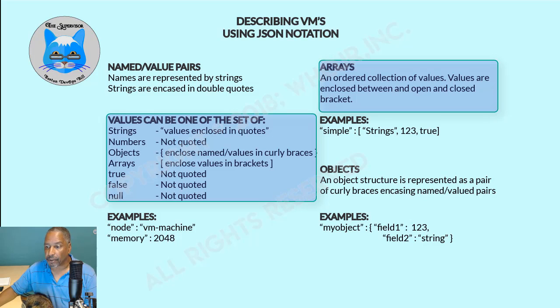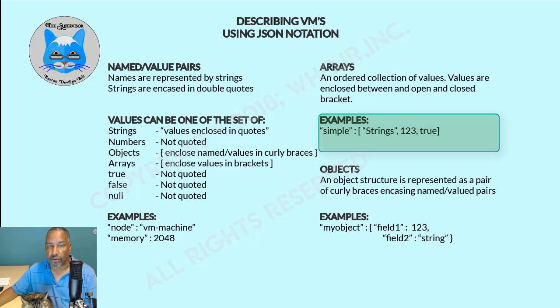An example: we're going to have a named value, which is a quoted string, separated by a colon. Then we open a square bracket, and inside of it we can have any of these types of values. We can even have an array in an array.